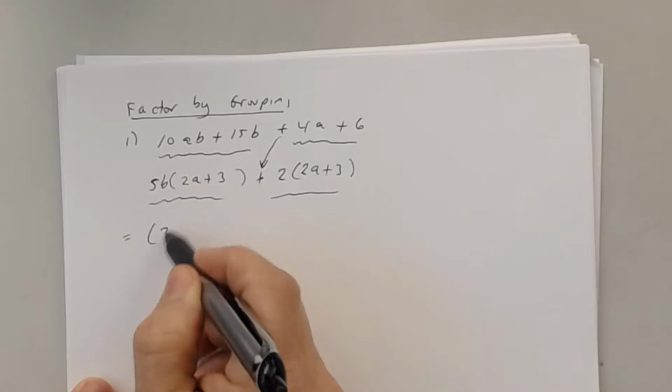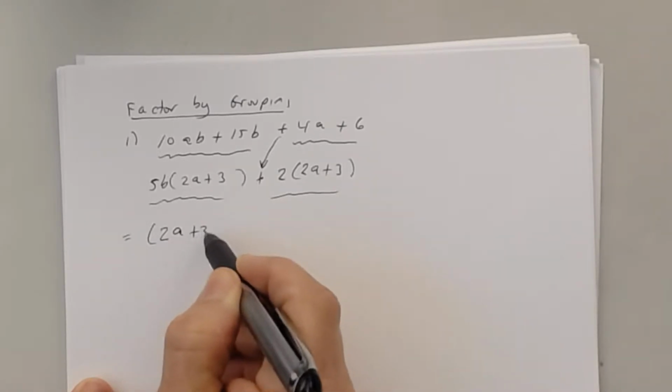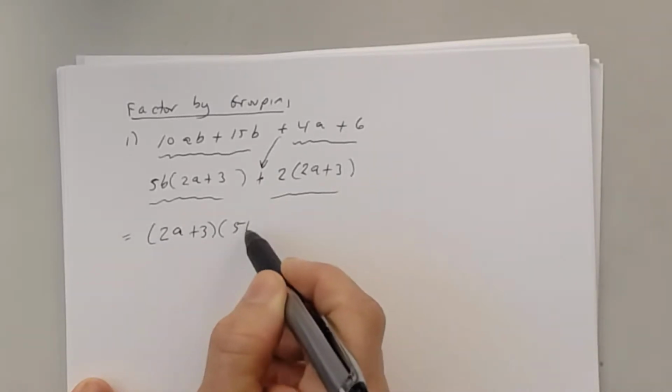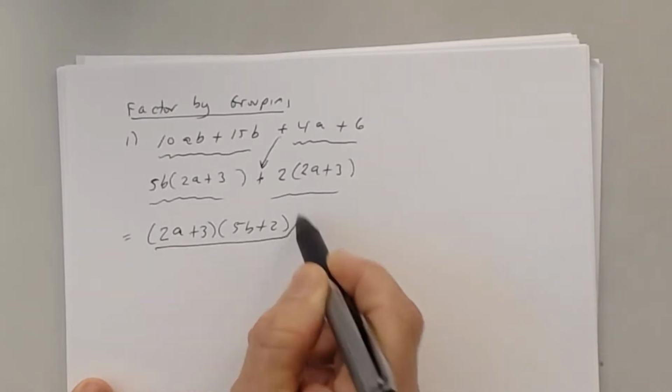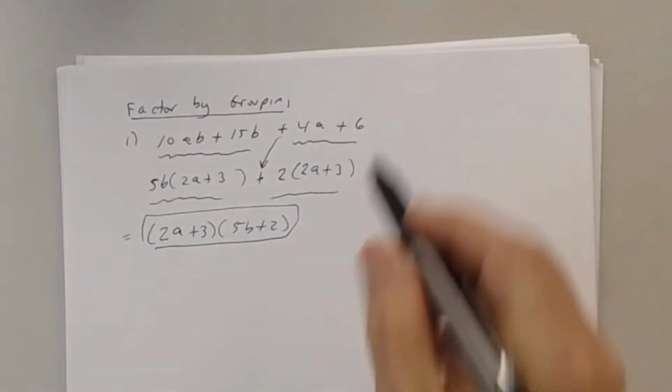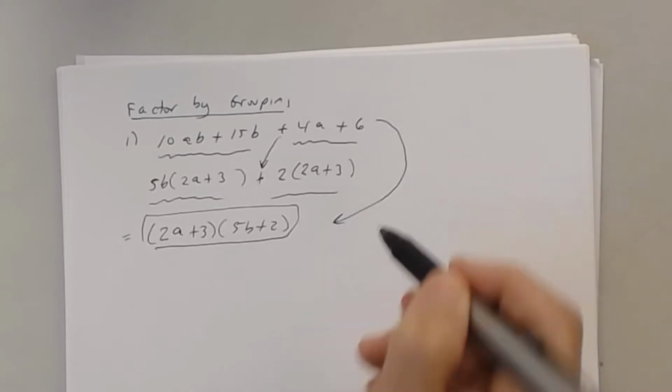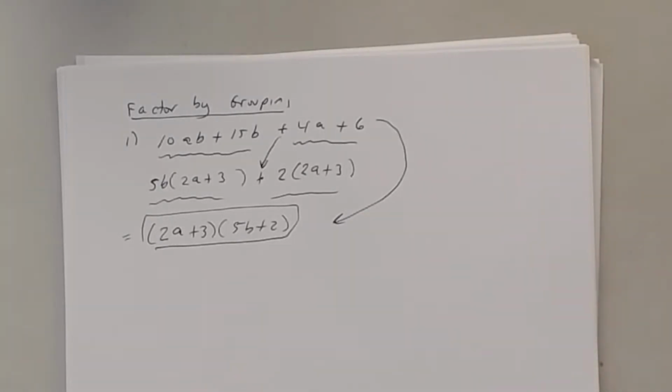So can you tell me what the answer is? 2a plus 3 times what? 5b plus 2. There's your answer. You wrote the original polynomial as a product of factors. Remember, you want to factor this, so you want to write the answer as a product of factors, and you did: 2a plus 3 times 5b plus 2.